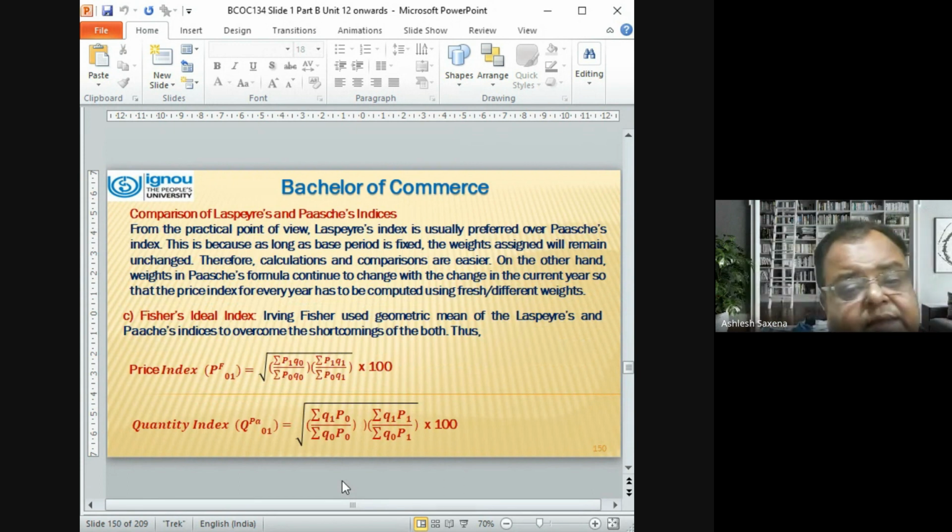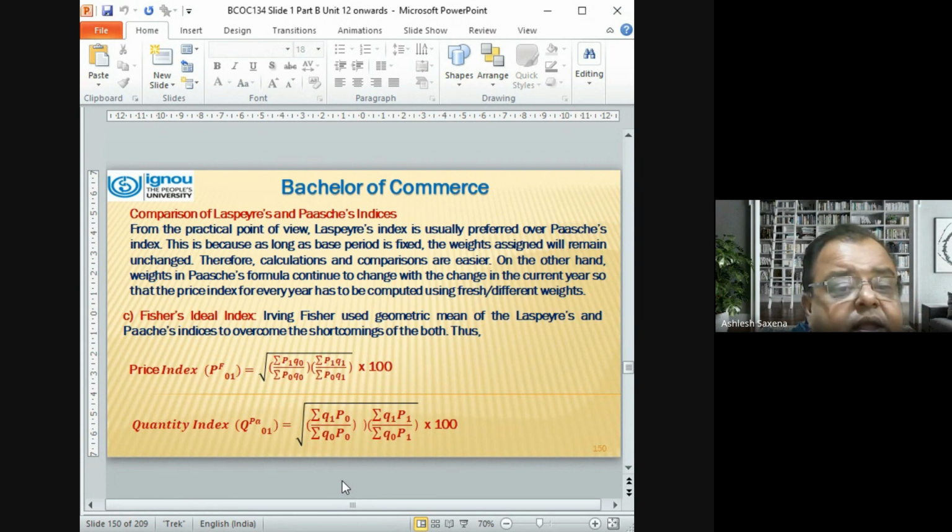Then comes the comparison between the Paasche and Laspeyres indices. From the practical point of view, the Laspeyres index is usually preferred over the Paasche index. This is because as long as the base period is fixed, the weights and units assigned will remain unchanged.